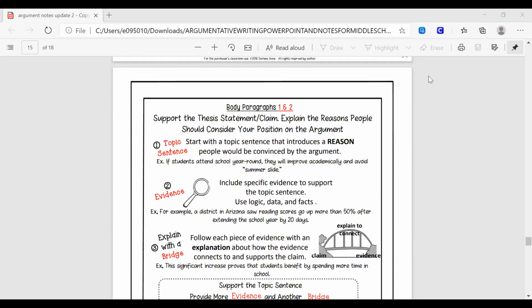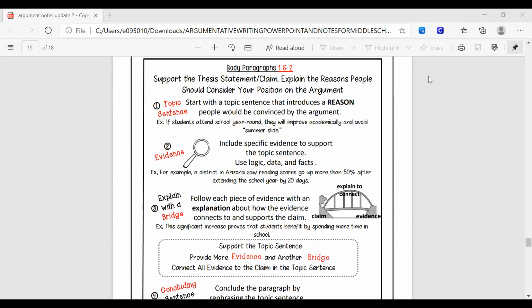So body paragraphs 1 and 2. For the first box, you're going to fill in the number 1 and 2. These support the thesis statement or claim. They explain the reasons people should consider your position on the argument. So box number 1, the blank you fill in is topic sentence.